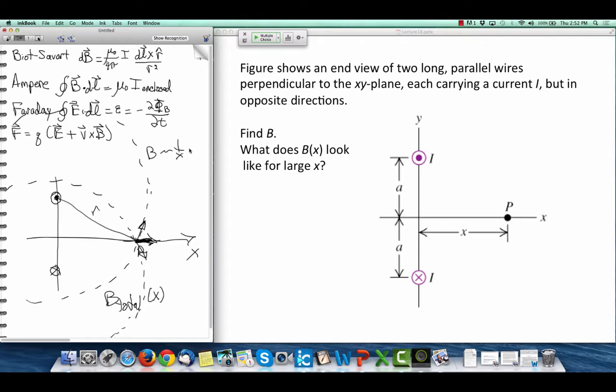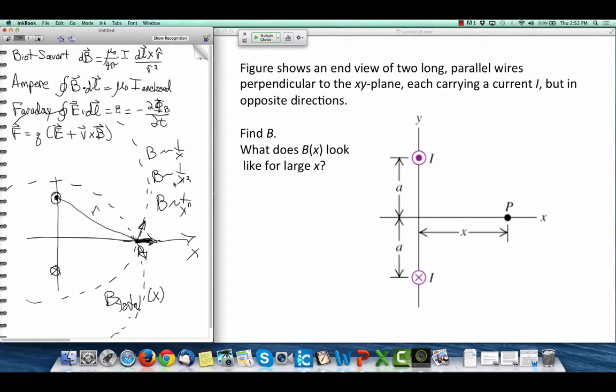Or 1 over x squared, or 1 over x to, I don't know, some other power. May not be an integer at all, maybe a fraction. So maybe I'll say a little bit more about this in whatever I post. That's what we're looking for.